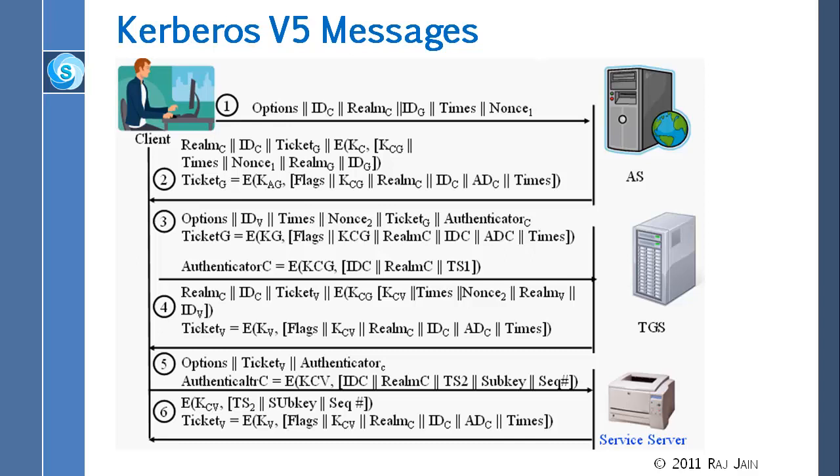So KAG is the secret that is shared permanently. Not everything is permanent. For example, KCG is not permanent. KCG is generated every day. But KAG is permanent in some sense. So KCG is the secret between C and G.